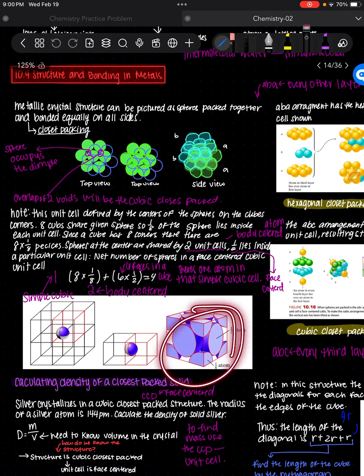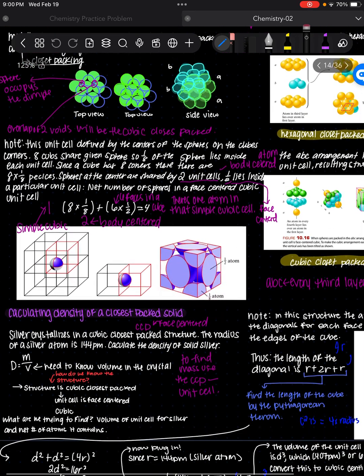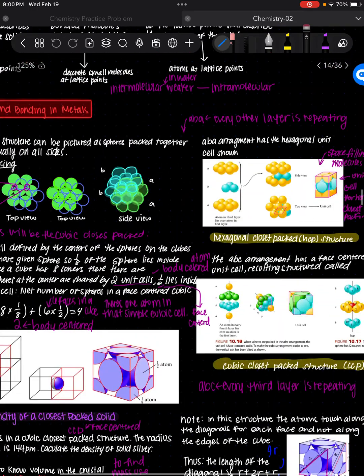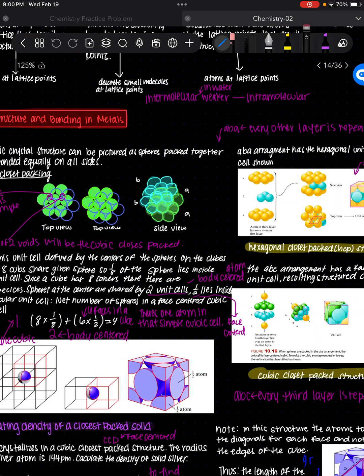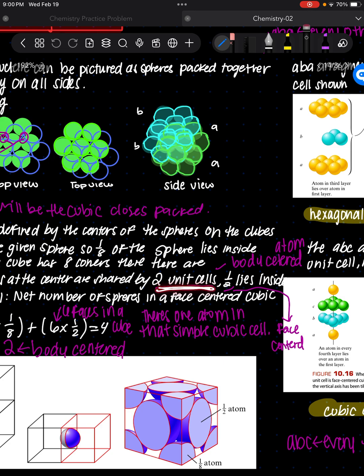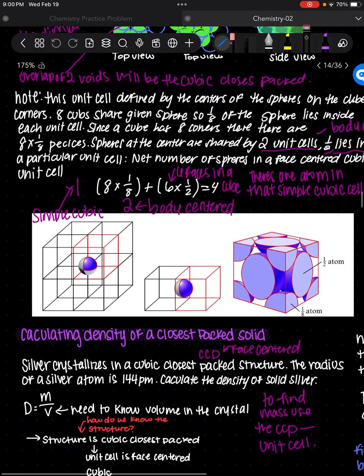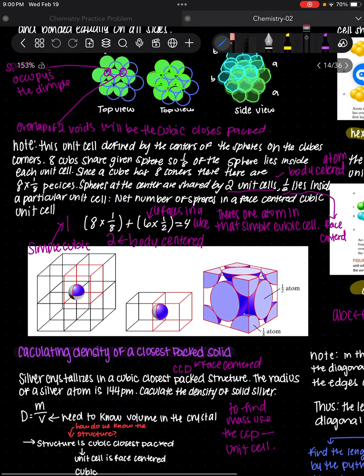Face centered is right here, which is equal to 4 atoms. The book literally only walked us through body centered, 2 unit cells, and then what was the other one? What's the other one? Sphere lies inside 8 cubes.